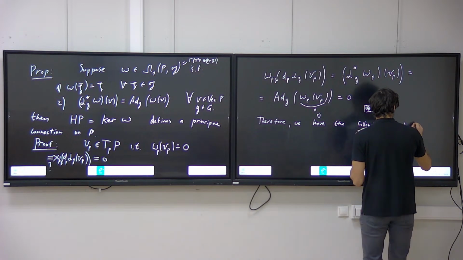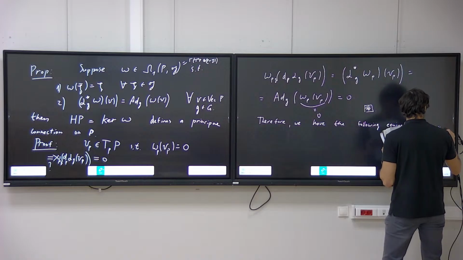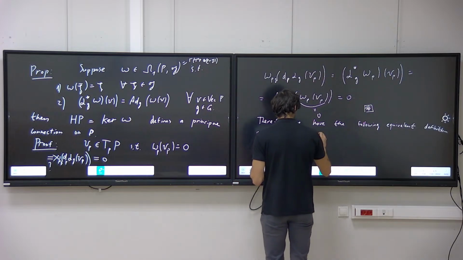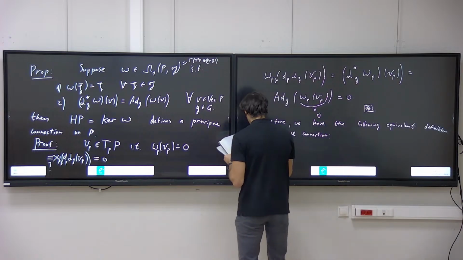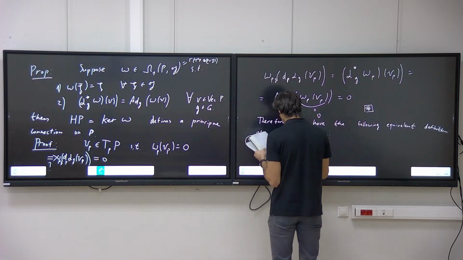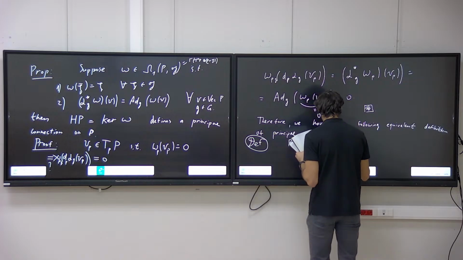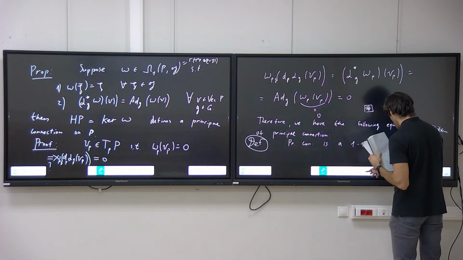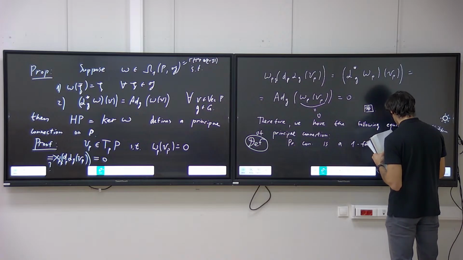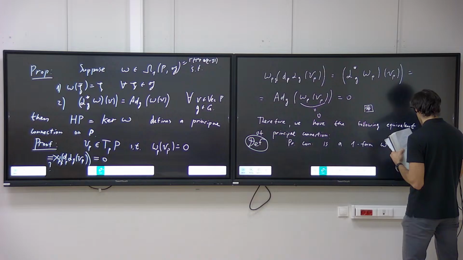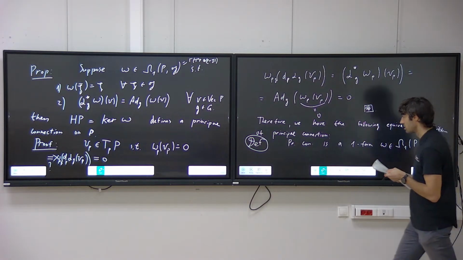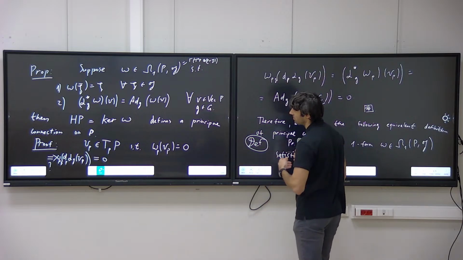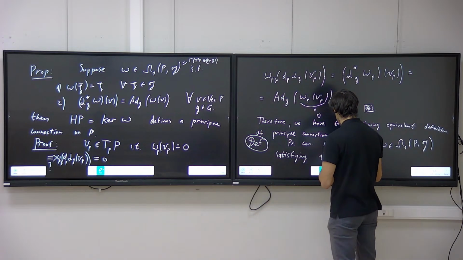Definition: a principal connection is a one form omega, a Lie algebra valued one form, so it lives inside omega 1 of P with values in g, satisfying these two conditions, one and two, so let me not write it again.